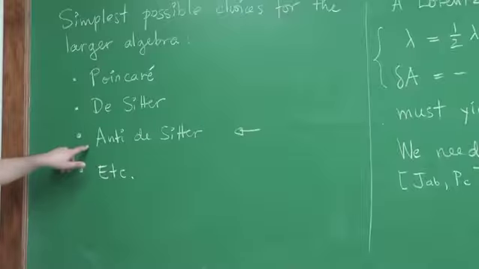So we're going to use this anti-de Sitter algebra and build a gauge theory for this.